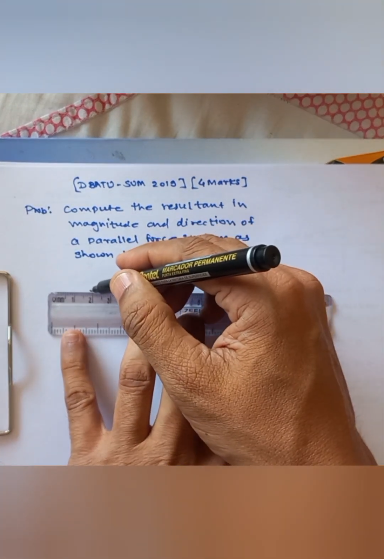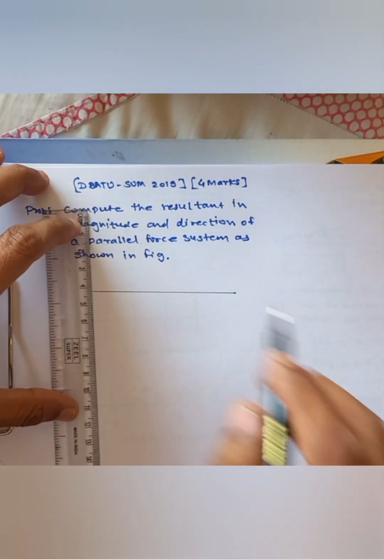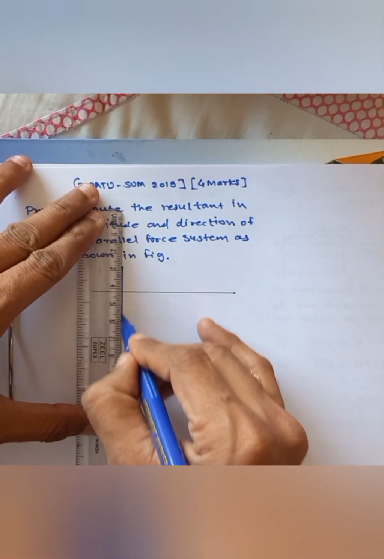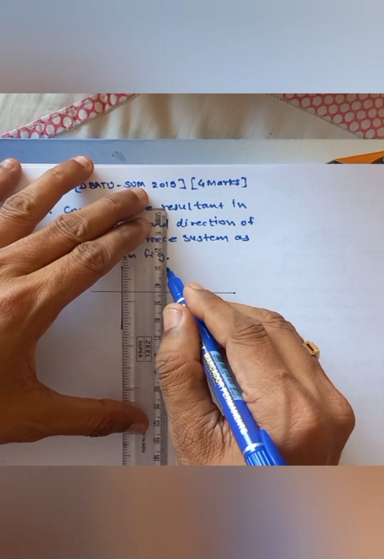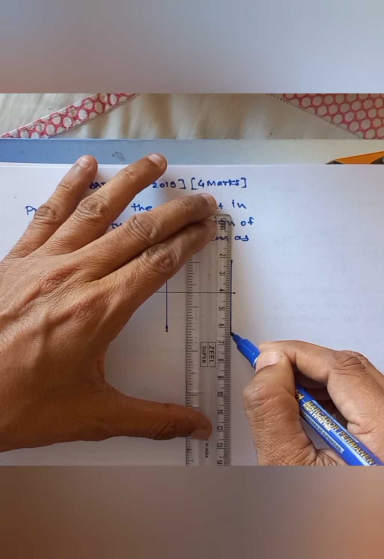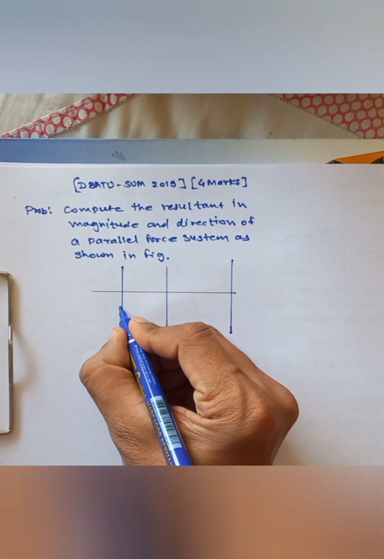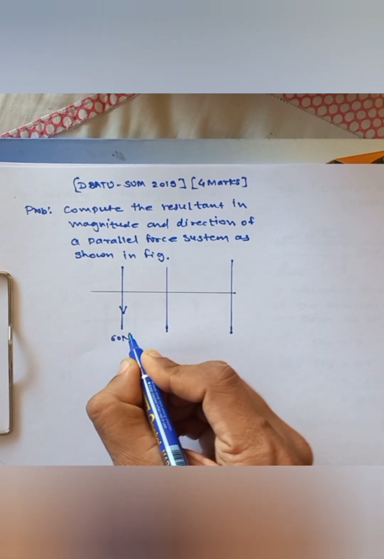They have given 3 forces with a reference line: one, two, and three. The direction of forces is given like this. This is downward, 60 Newton.